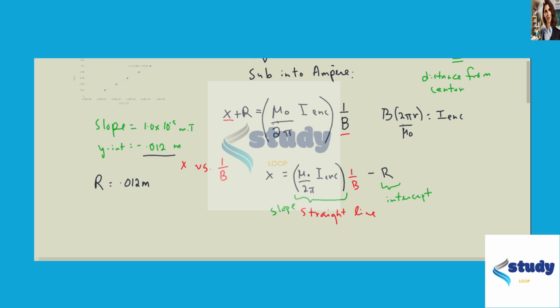From the slope, since it involves the enclosed current and the cluster of constants, 2 pi over mu naught times the slope gives us the current. And mu naught, a reminder about that, is simply the permeability of free space, 4 pi times 10 to the minus 7 Tesla times meter per amp.